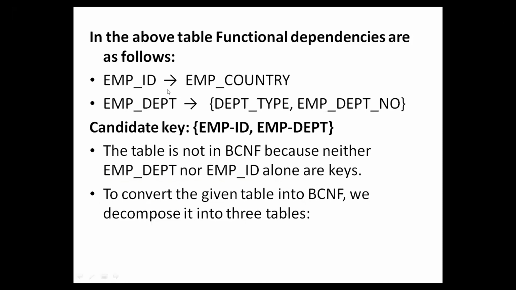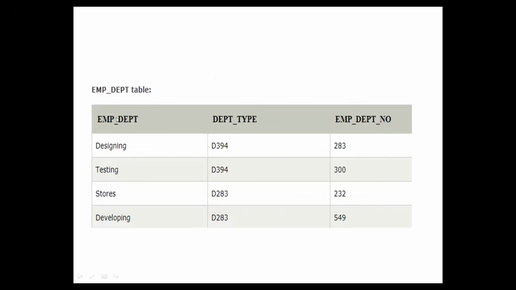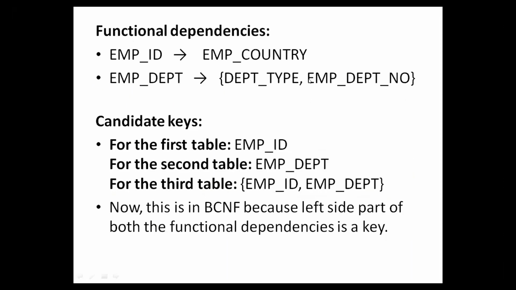You say employee ID determines your employee country, and employee department determines the department type and your department number. So you will have employee ID, employee country, and employee department, department type, and department number. Are you able to follow this?